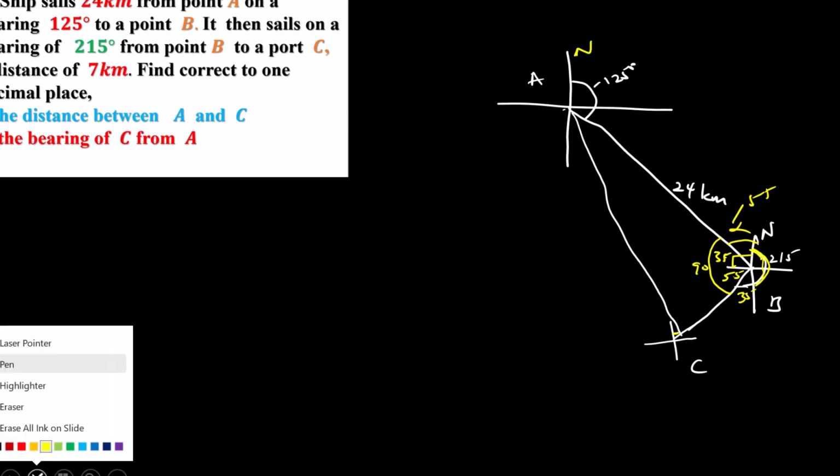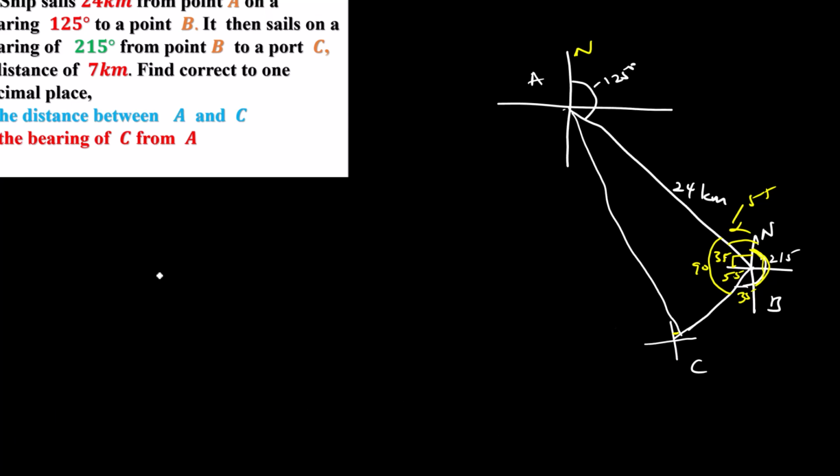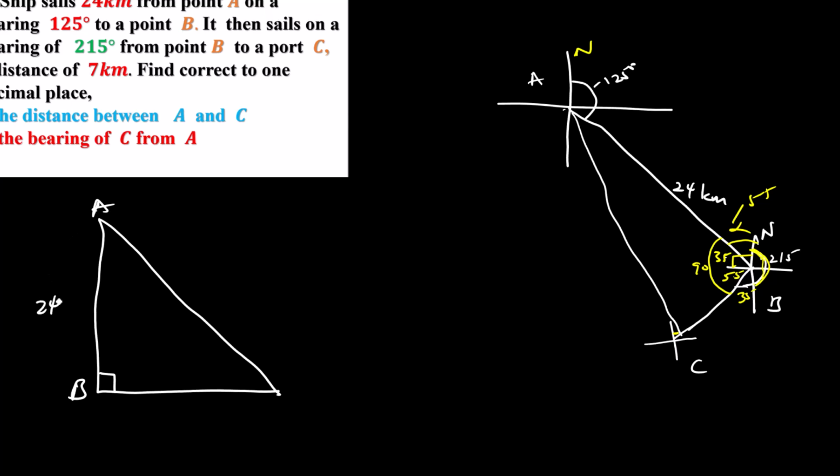All right, so let's sketch this one well, not drawn to scale. This is B, and the angle at B is 90. We have AB as 24 kilometers, then BC is 7 kilometers, and we are after AC.